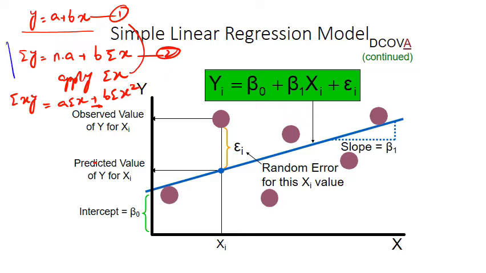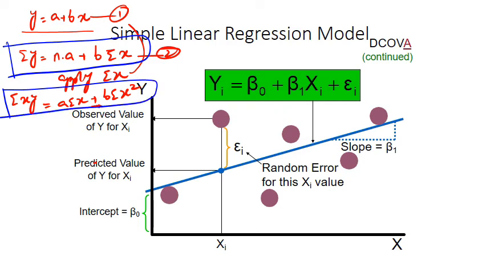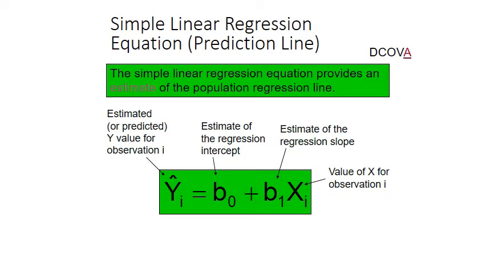So now we have these two equations to analyze dependent and independent variables. Whenever you are given data, you will apply these two equations and we can predict the dependent variable on the basis of the independent variable.